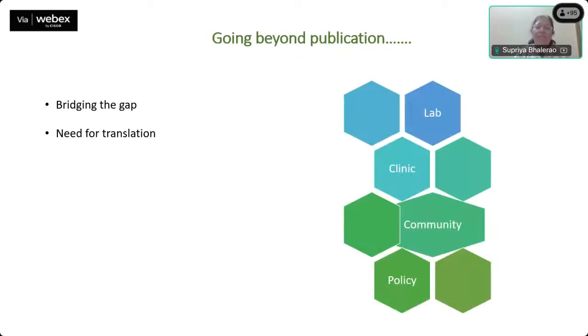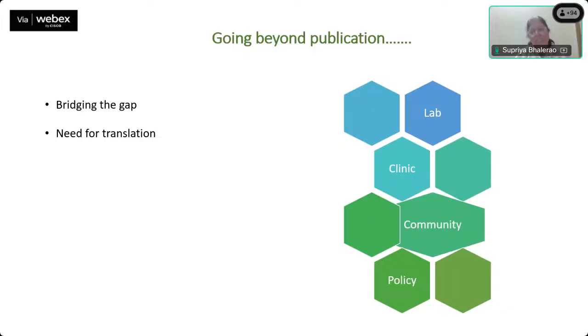So in short, we should go beyond the publication and bridge the gap between lab, clinic, community, and policy. And there is therefore need for translation, because when I say lab, it just doesn't mean that lab means some animal study or cell line studies.